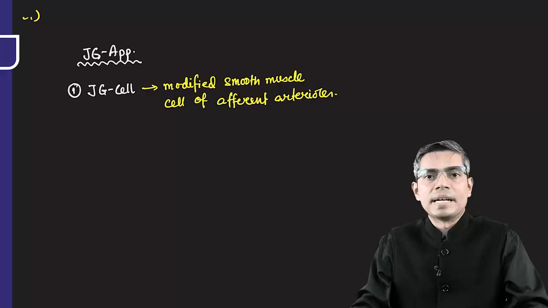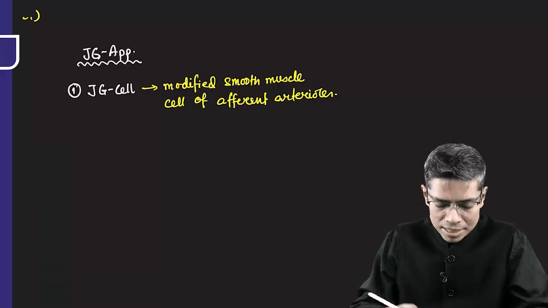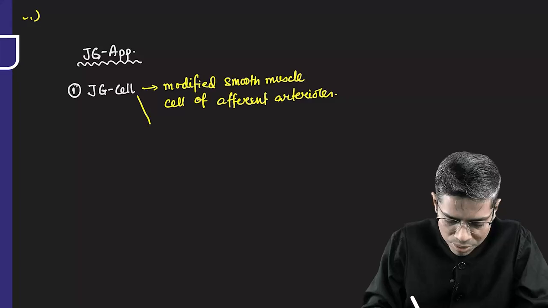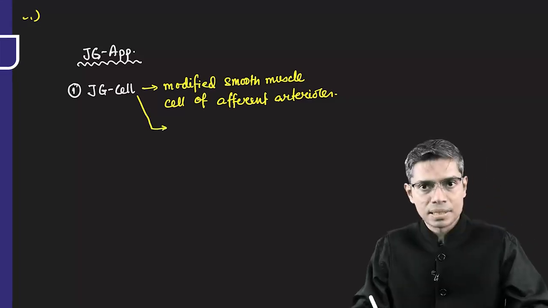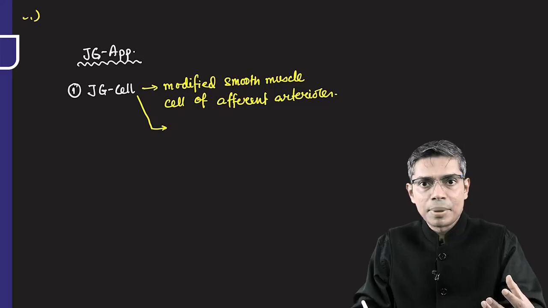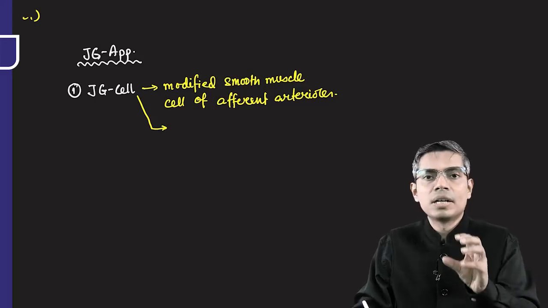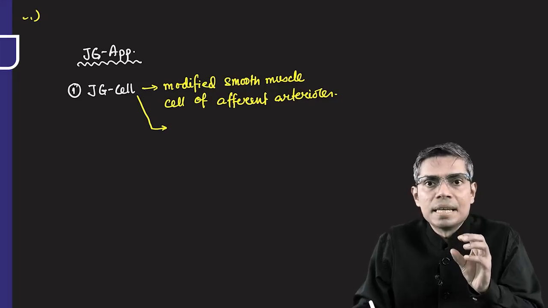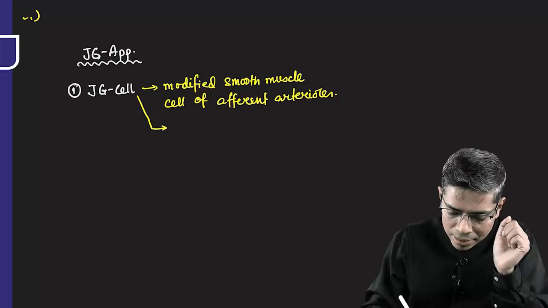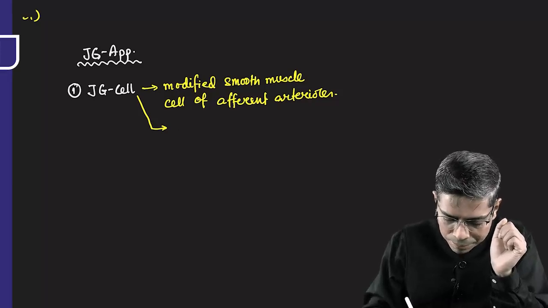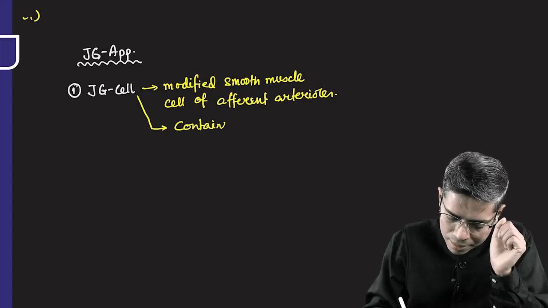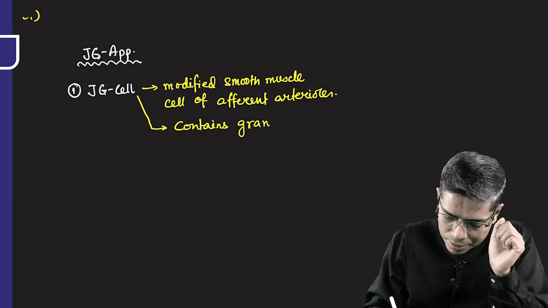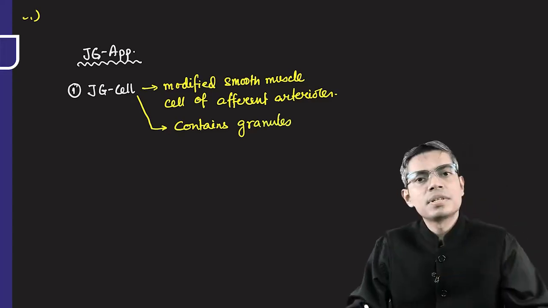Now I told you modified. What kind of modification is happening? Rather than smooth muscle, that contractile apparatus, this JG cell contains granules, and those granules contain renin. So basically it contains granules. And what is there inside these granules?